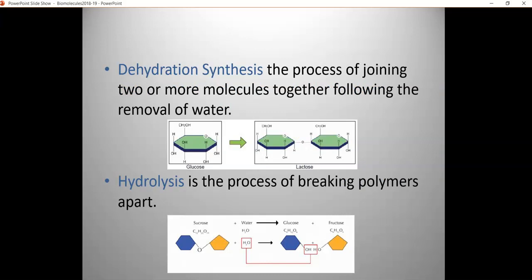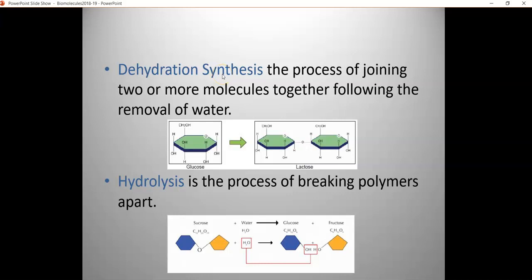All right, dehydration synthesis is the process of joining two or more molecules together following the removal of water. Hydrolysis is the process of breaking polymers apart. Again, dehydration synthesis is the process of joining. Synthesis means to make.